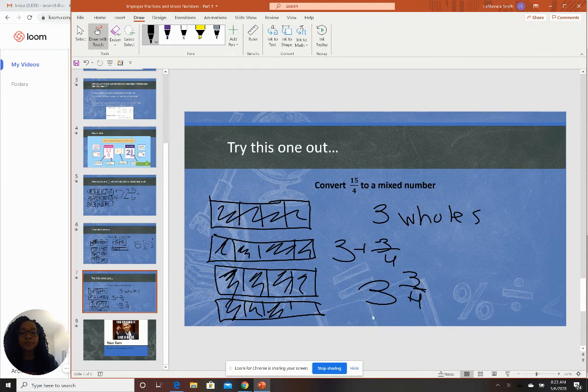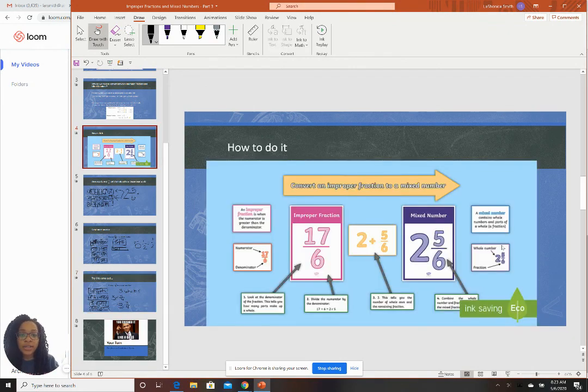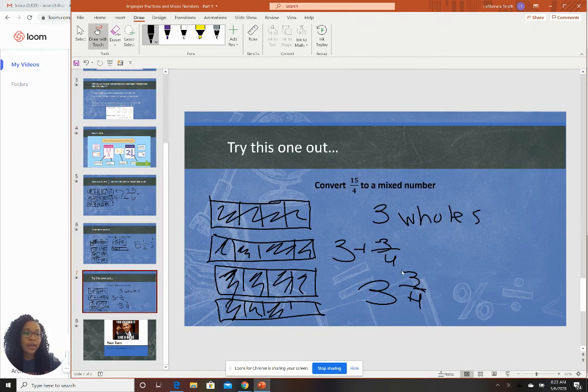Okay? So 3 and 3/4. And if you divided it, again, I can show you, since this is the last one, what we would do if we divided it. So like it says back here, you divide 17 divided by 6. So we're going to divide 15 divided by 4. So you think, how many times does 4 go into 15? 4 doesn't go into 1.